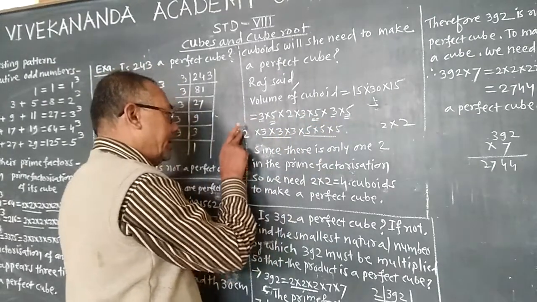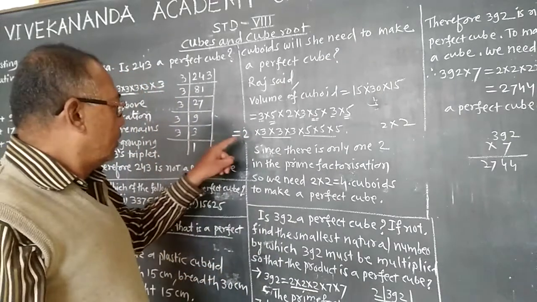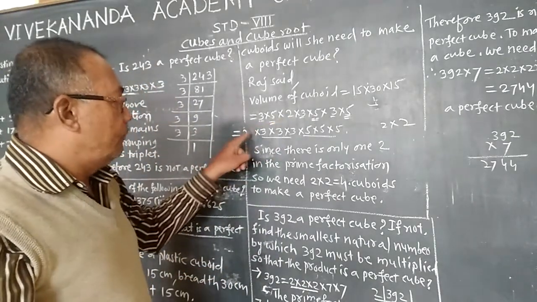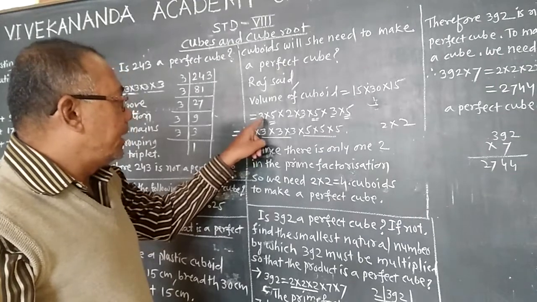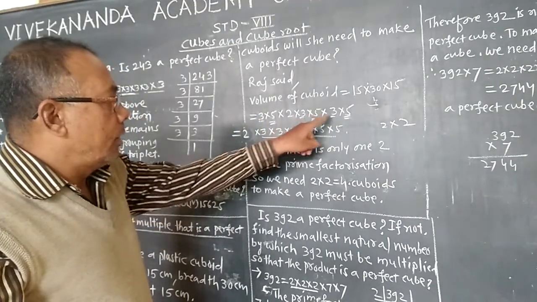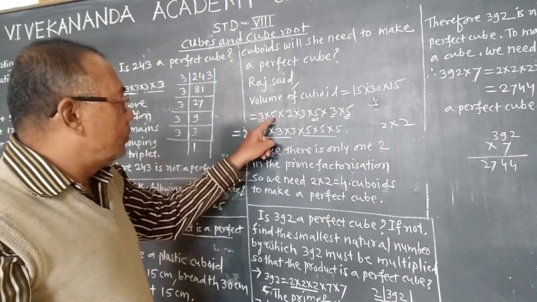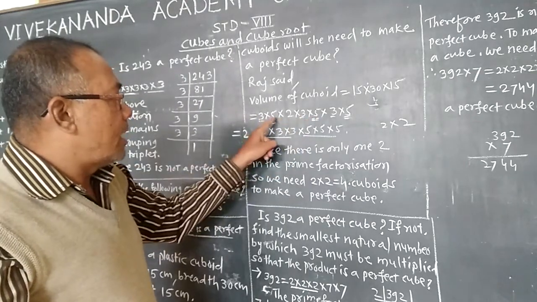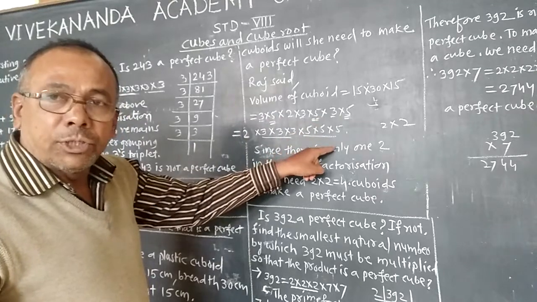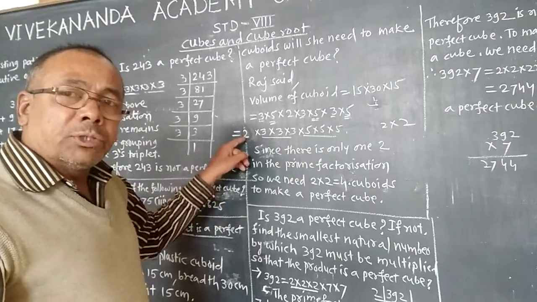Now it is seen that 2 is only one, 3 is written 3 times, 5 is also 3 times, but 2 is only one time.